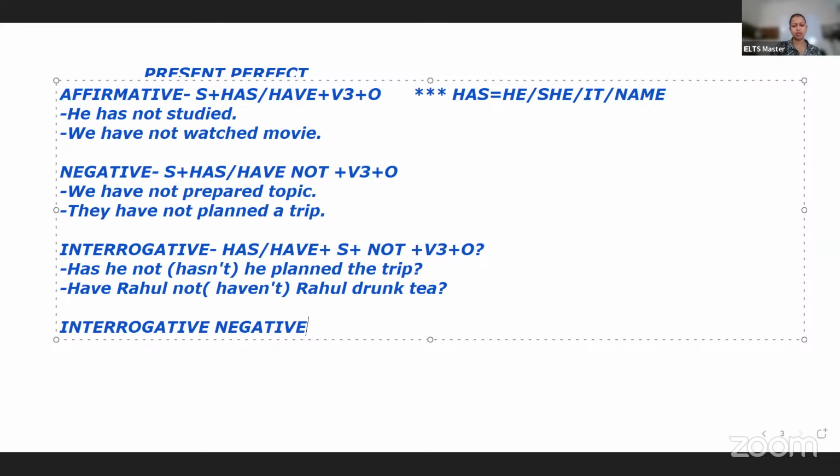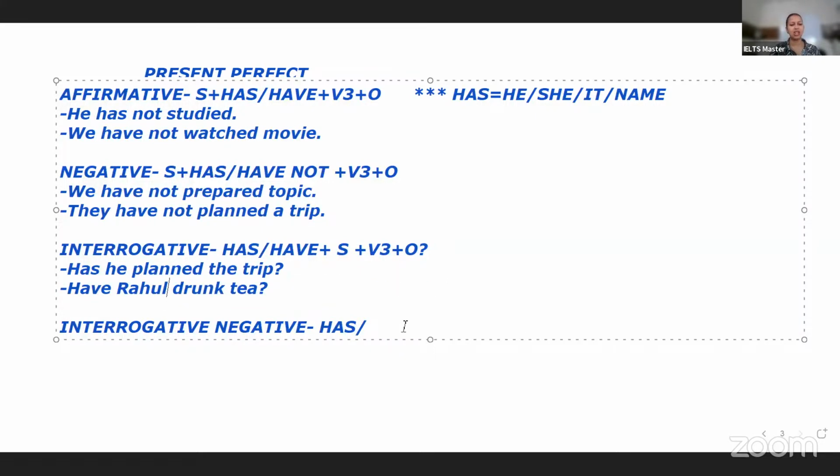If it is interrogative negative, so you could write the formula as has or have plus subject plus not plus V3 plus object.